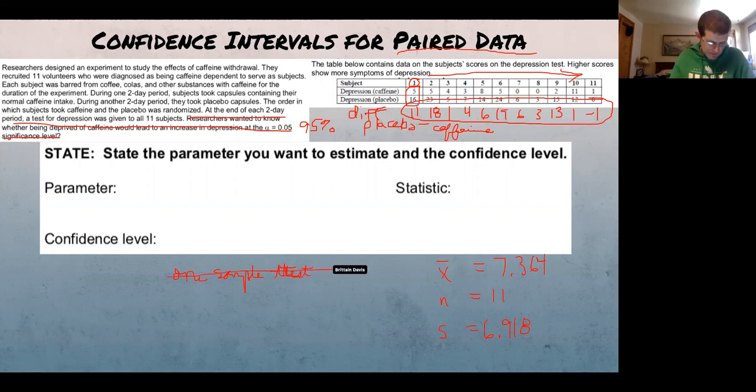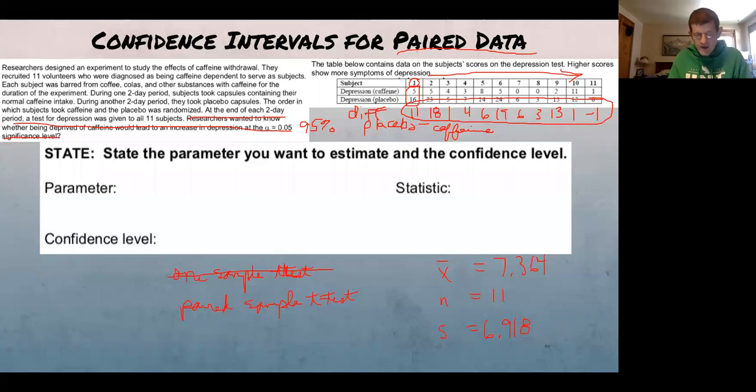This is going to be our paired sample t-test, because we're starting off with, again, two measurements for each person, or whatever the subject is, and we are getting the difference, and we're doing an analysis on the list of the differences.